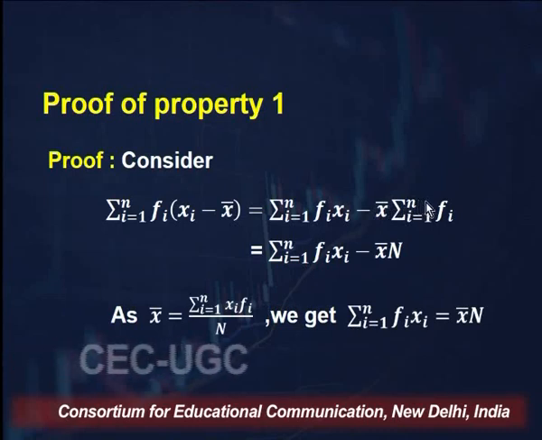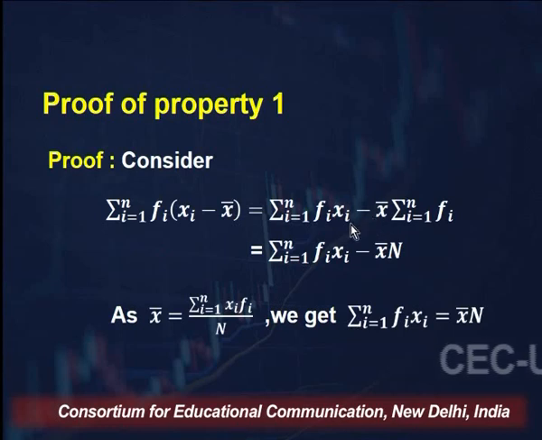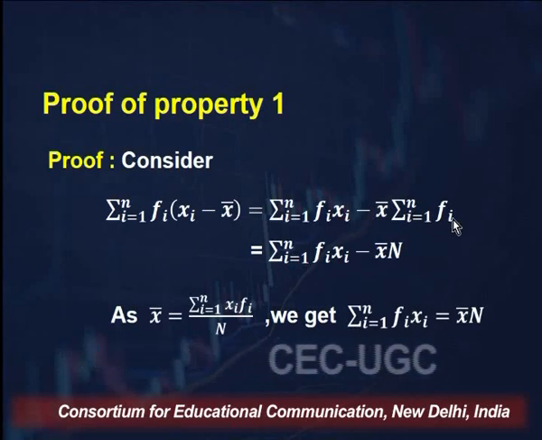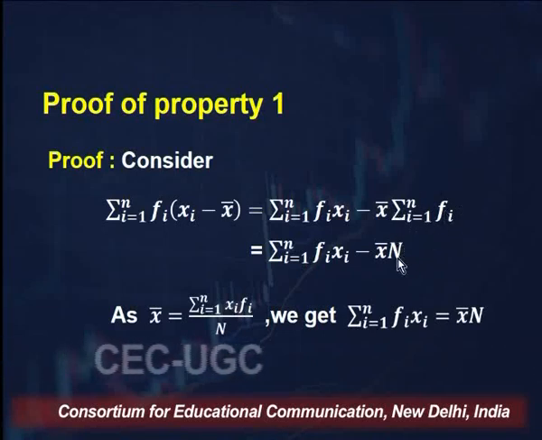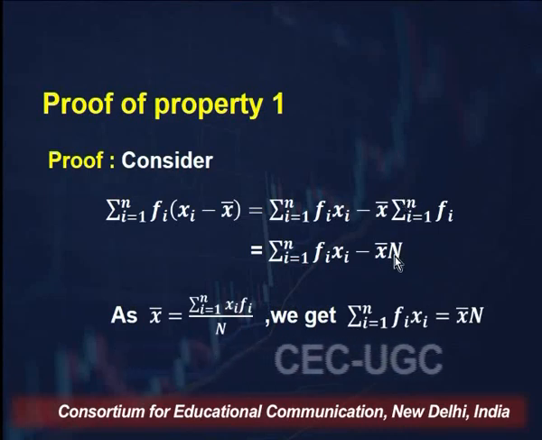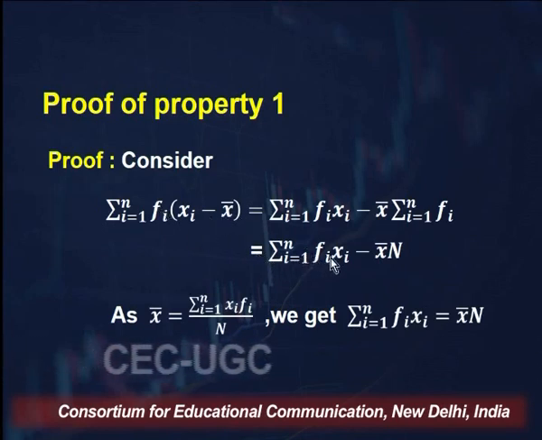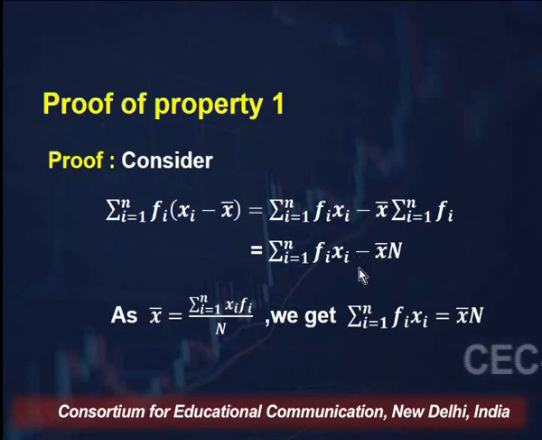Therefore this x bar comes outside the summation, and I will have summation fi xi minus x bar times summation fi. Again, earlier we have introduced that the sum of all the frequencies is denoted symbolically by capital N. So I will straight away write capital N for this sum. So it becomes summation fi xi minus x bar into capital N.